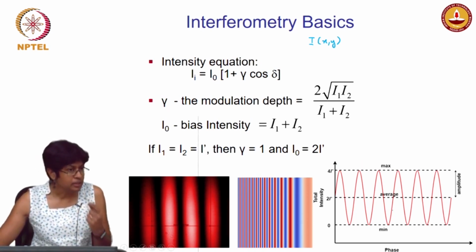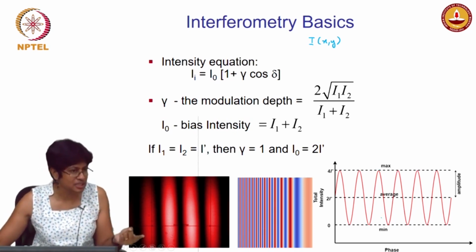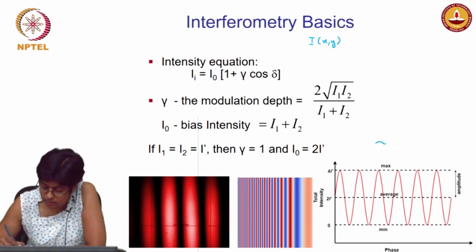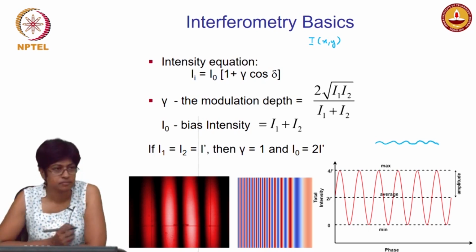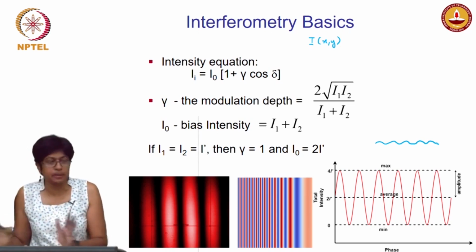In order for me to see those fringes clearly, I want this modulation depth, the difference between the maximum and the minimum here, to be as large as possible. I remember these fringes should be periodically spaced.